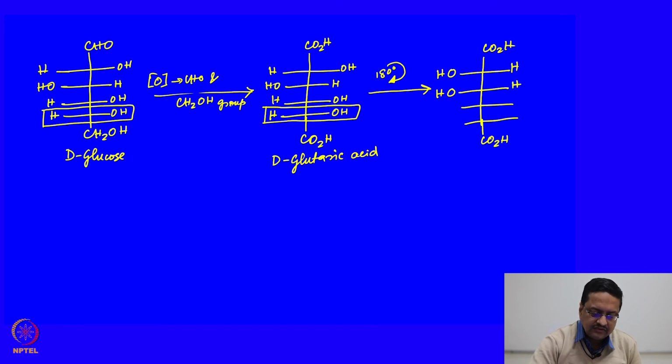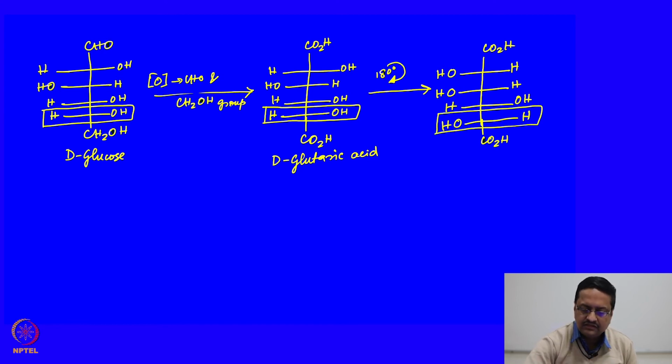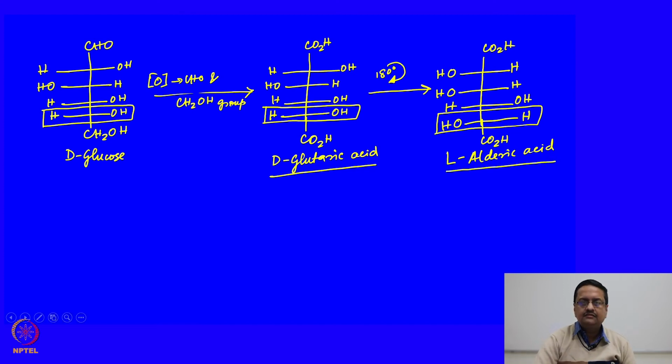Then the third hydrogen, which is here, will come here with OH there, and this will be OH. So, now in this case, by looking at this group following the same convention, it gives me L-aldaric acid. So, this D and L nomenclature gives me two different notations for a given compound. So, there is a shortcoming related to this notation system.